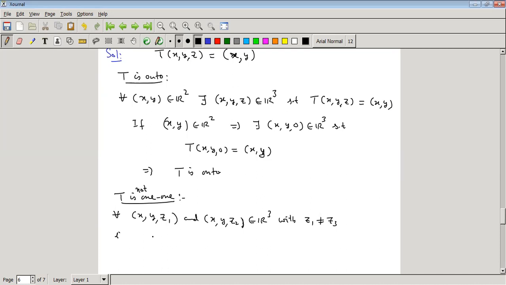That is, (x, y, z1) is not equal to (x, y, z2).